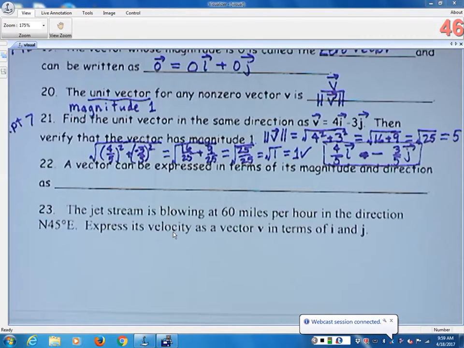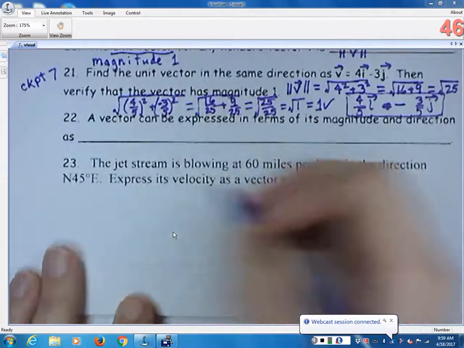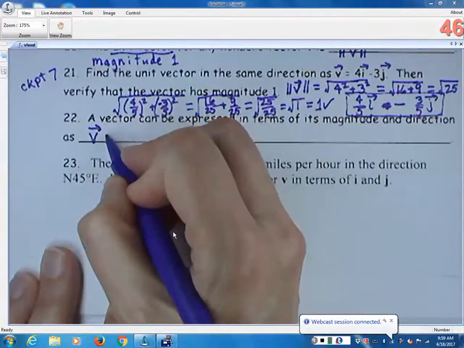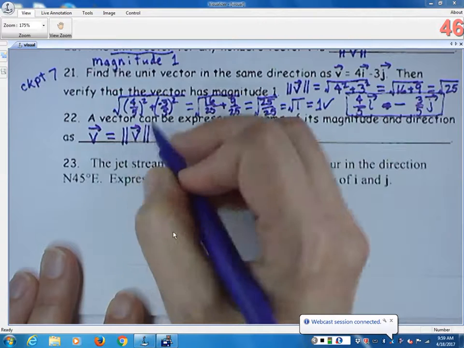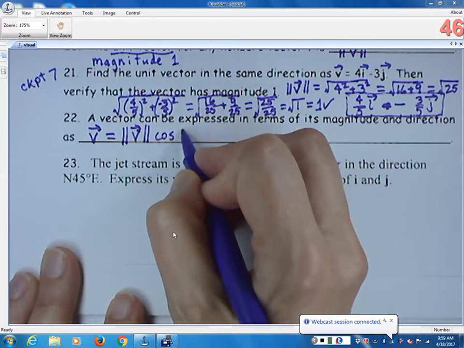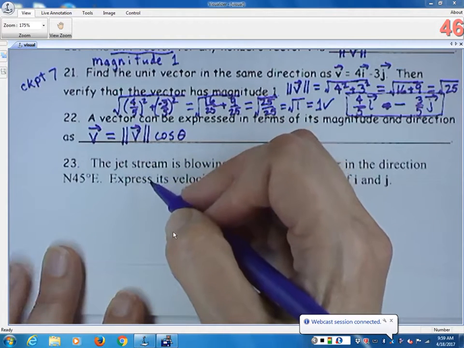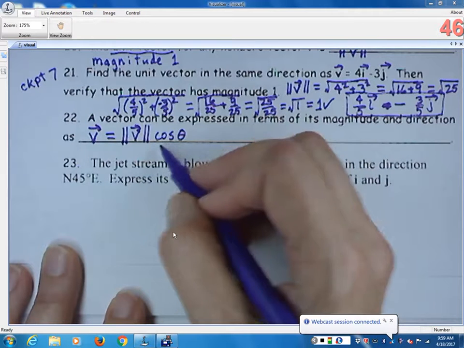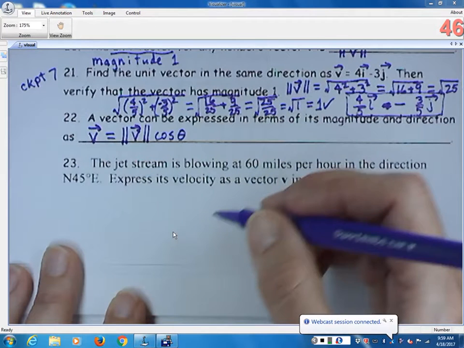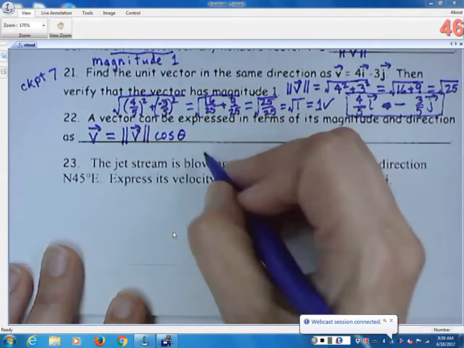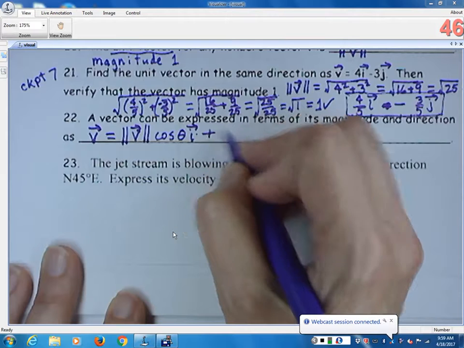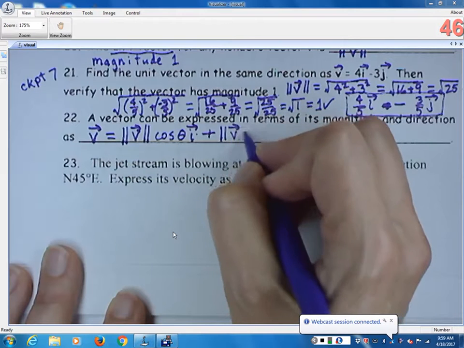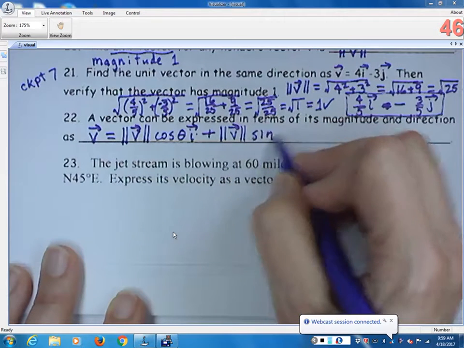Also, you can do it this way: a vector v is the magnitude of v times the cosine of theta i, plus the magnitude of v times sine theta j.